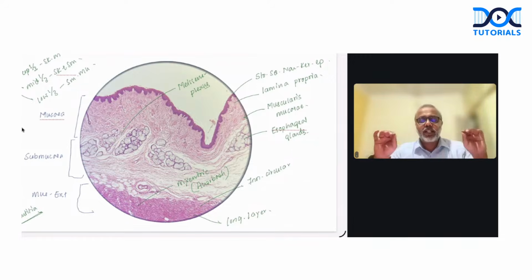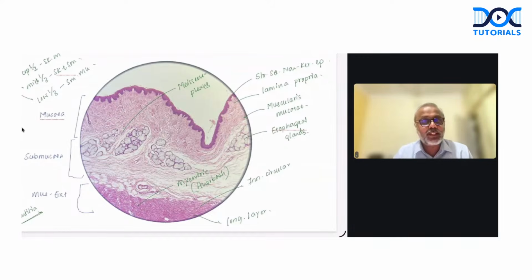Lamina propria contains loose connective tissue with smaller blood vessels, lymphatics. The muscularis mucosa separates the mucosa from the submucosa. It's basically smooth muscle. The submucosa contains esophageal glands which help in lubrication. The muscularis externa is peculiar in esophagus because in the upper 1/3 it is entirely skeletal muscle. In the middle 1/3 of the esophagus, it's a mixture of smooth and skeletal muscle.